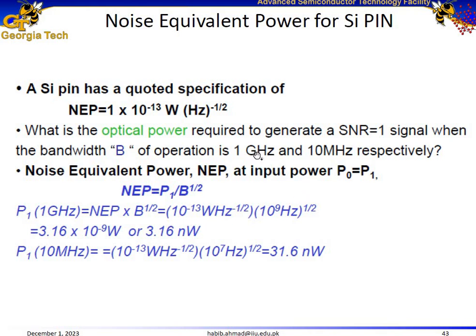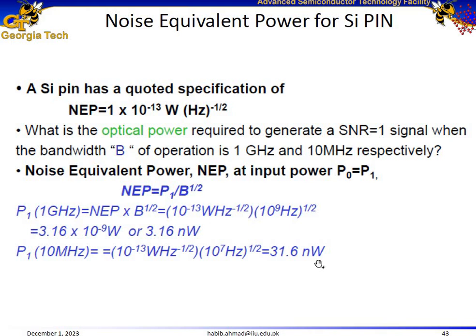Then put in the first value for the bandwidth, 1 gigahertz. The incident optical power requirement is 3.16 nanowatts. And if the bandwidth is 10 megahertz, then the requirement for the incident optical power is 31.6 nanowatts.